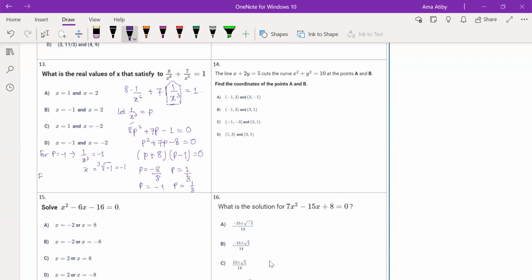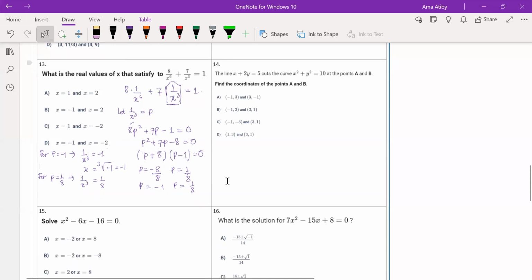Right, so for p equals 1 over 8, 1 over x cubed equals 1 over 8. Let me make space here again.